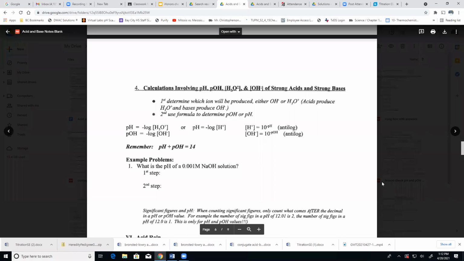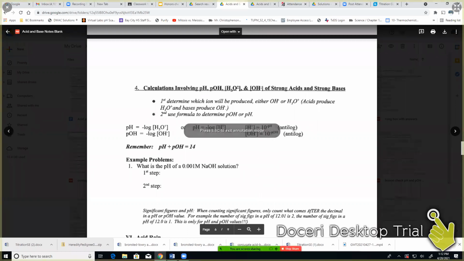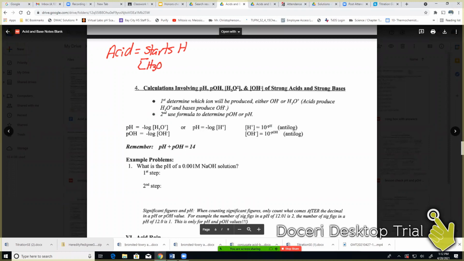All right, so we're going to look at some different formulas that are used to calculate things about pH or pOH. And just a couple of reminders. Acid, which you may or may not need to write down, starts with hydrogen. So if it's talking about hydronium or hydrogen ion, because those are used interchangeably, all of that goes with acid along with pH.